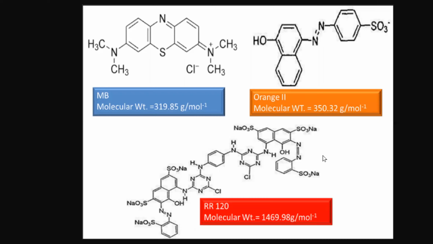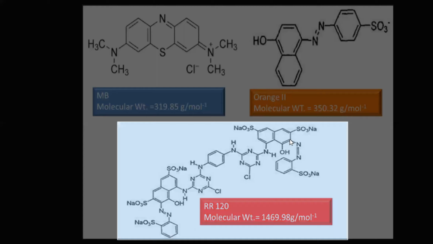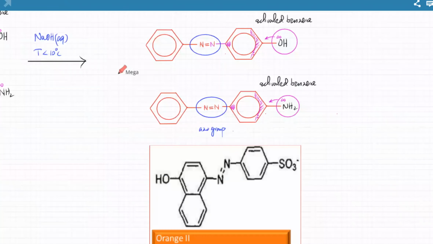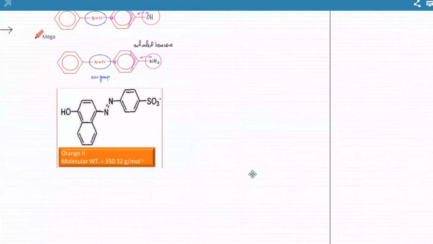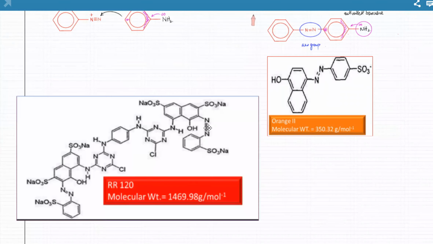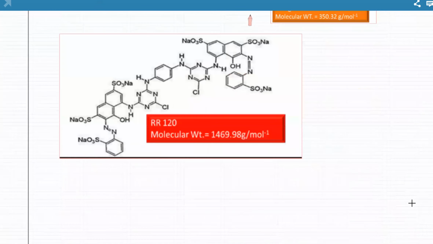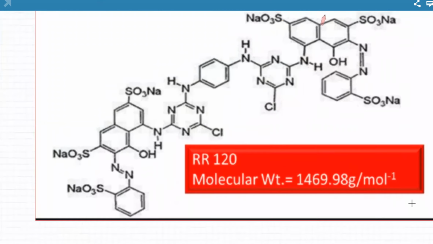It's a much more complicated structure, but you'll be able to identify an azo group over here, an N double bond N. One of the benzenes is activated, it's got an OH. The other one is not activated. Is that clear?